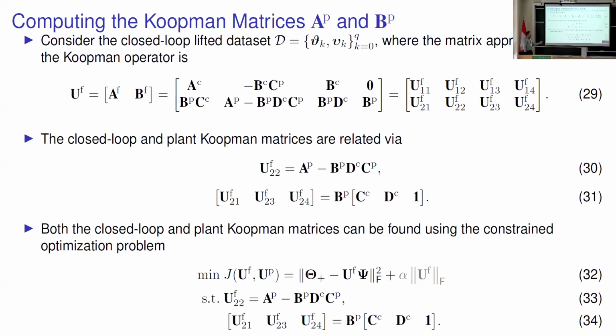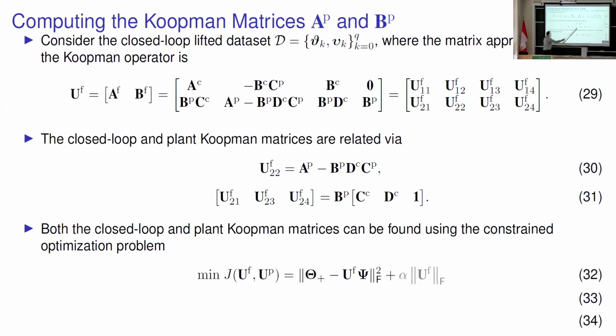The first thing we tried was just solving that problem without any explicit constraints, to solve for this big Koopman matrix, and then try to extract out the AP and the BP. And the naive way we did that, and I'm going to call it the naive way, is we basically just took this equation and did some sort of pseudo inverse over here, and notice this is a wide matrix, okay?